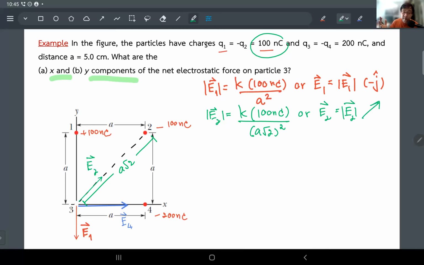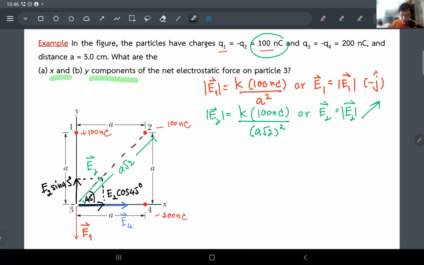But don't worry, because you can split this into 2 components at all times. Eventually we're going to break it into x and y components anyway. So I'm going to break this into E2 in the x component, which is E2 cosine 45. Sine or cosine doesn't matter, since 45 is 45. And then you have E2 sine 45 in the vertical axis.